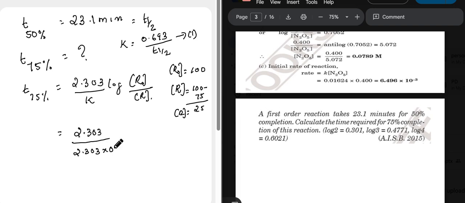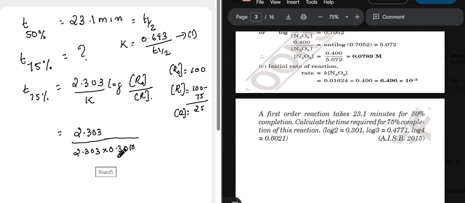0.693 is coming from 2.303 into 0.3010. During the derivation of T half, we have seen this step. So always remember we can split 0.693 as 2.303 into 0.3010, because then the calculation will become easier.